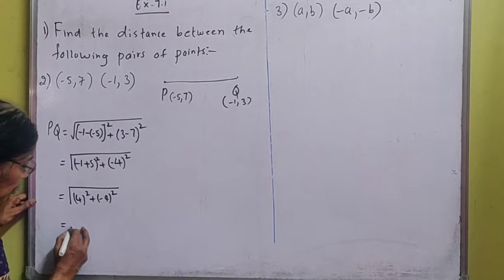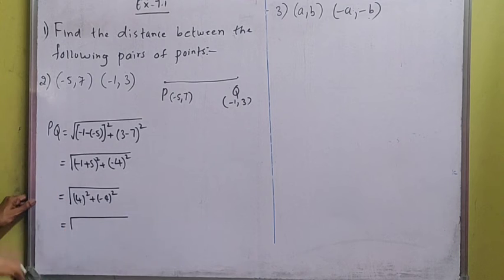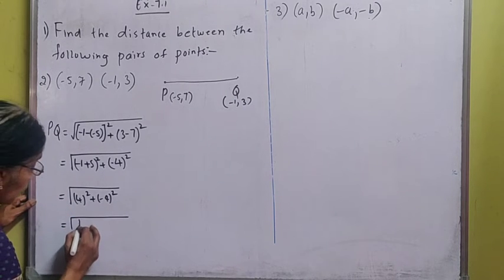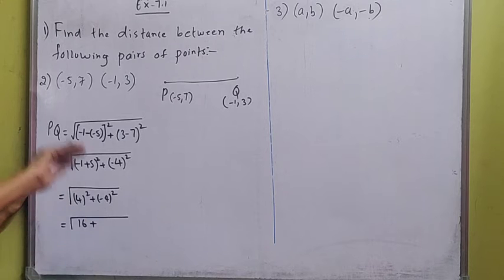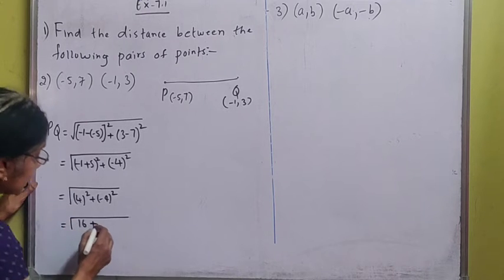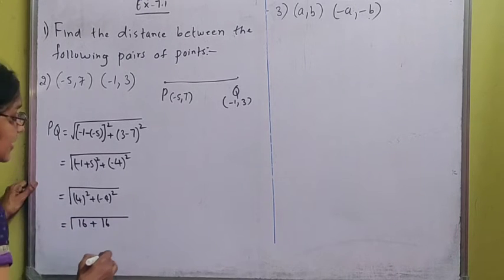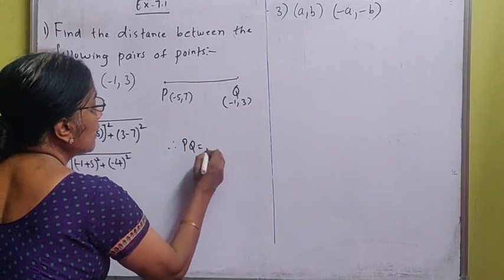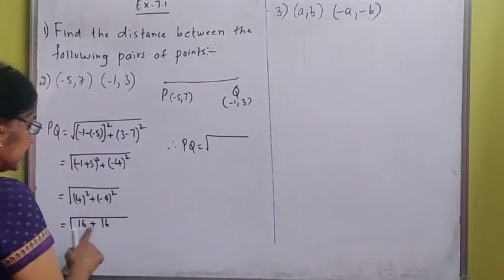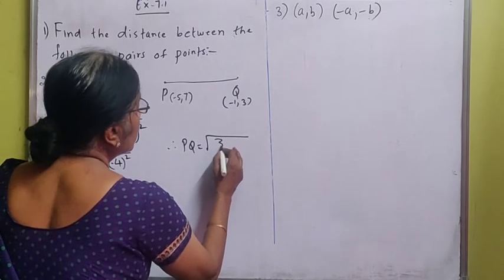That is equal to, what is 4 square? 4 into 4. 4 4s are 16, plus minus 4 square. Minus 4 into minus 4. Minus into minus, what will you get? Plus. 4 into 4 is what? 16. So we got 16 plus 16. So what will you get? Therefore, PQ is equal to square root of 16 plus 16, 32.